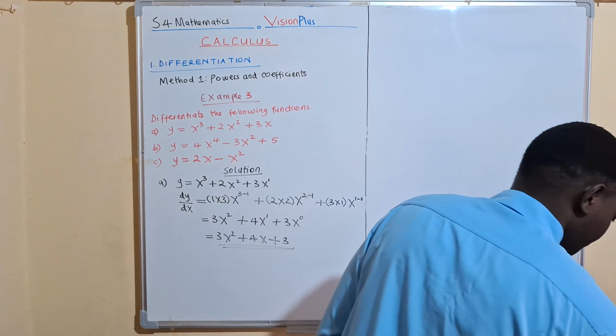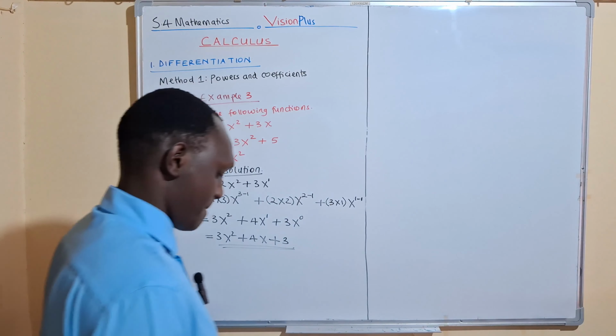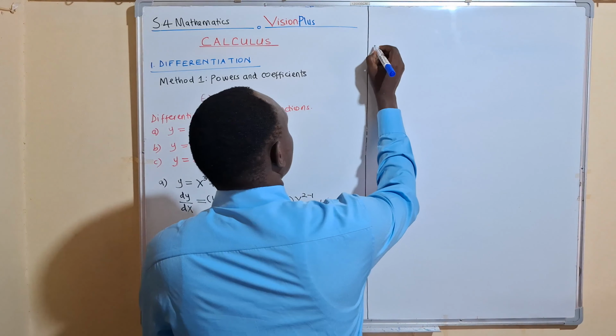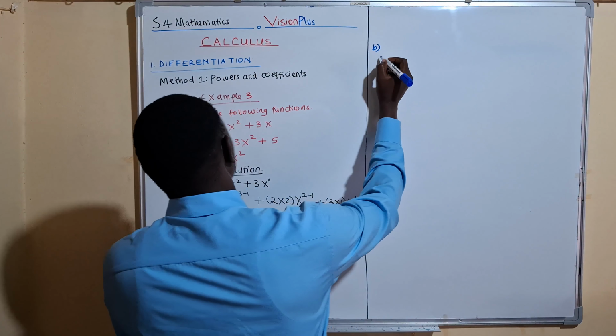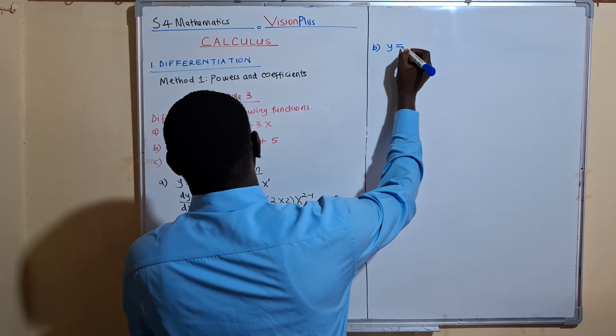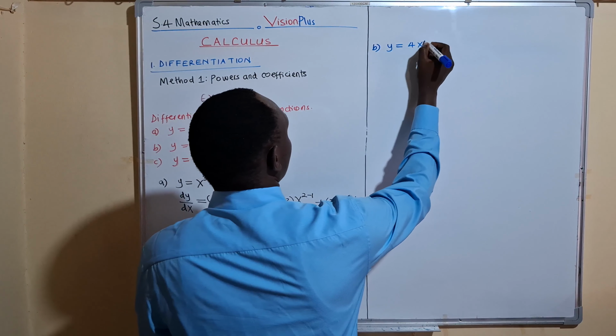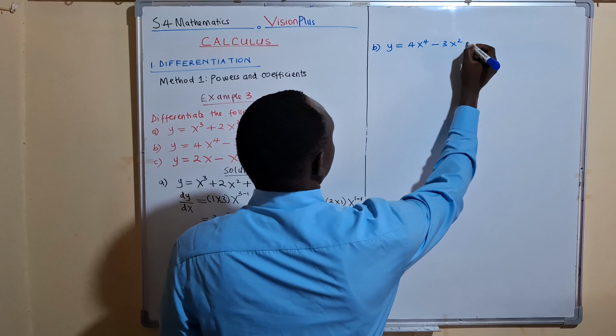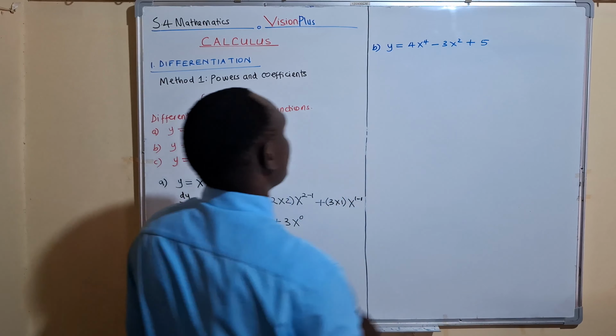Going to part B. The question says, we have y equals 4x power 4 minus 3x squared plus 5.